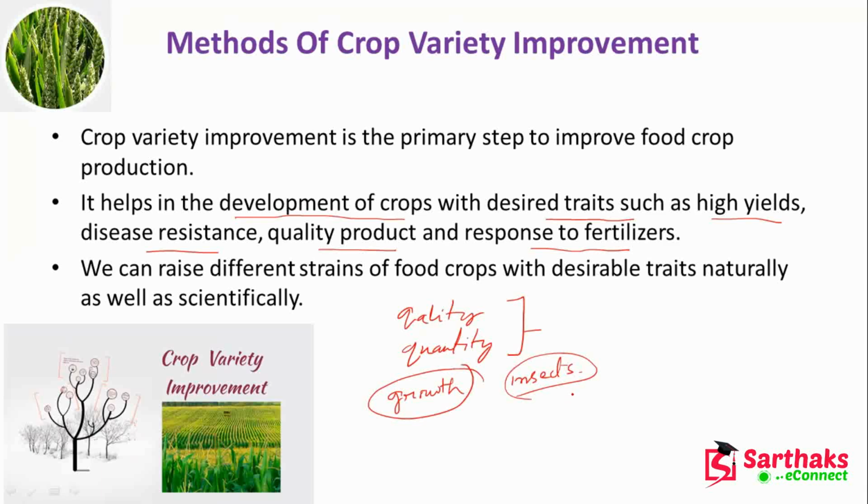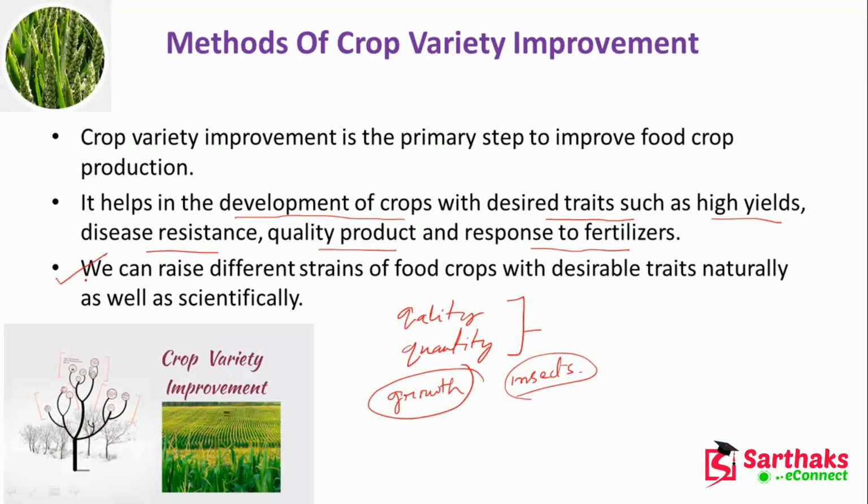So these crops should be disease resistant, and it should produce quality products, and also it should respond to the fertilizer. That means the use of the fertilizer should be in a very proper quantity, and it should respond to the fertilizers. And we can raise different strains of food crops with desirable traits naturally as well as scientifically.